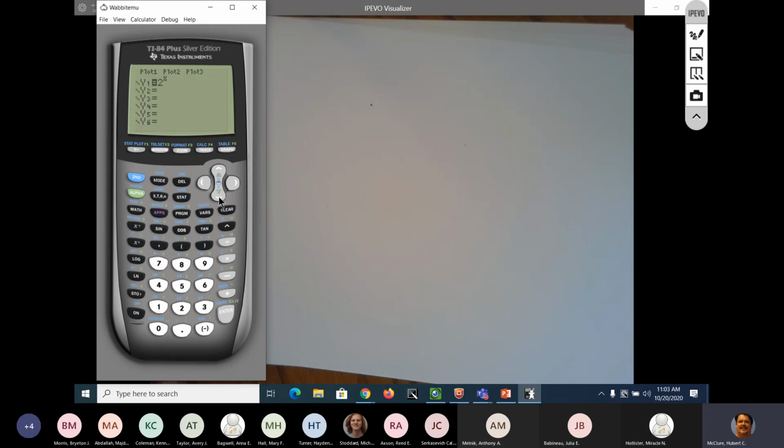And then do square root of x. So square root, second, square root of x, and graph. Oh, zoom standard, zoom 6.